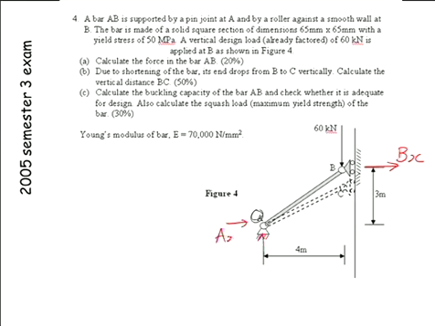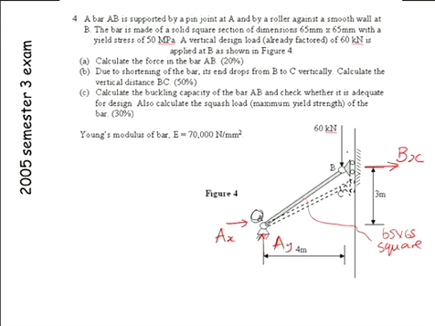So, before we read further, we go, okay, here are our three unknowns. Our bar is a solid square section, and it's 65 by 65 square section, and we're given a yield stress of 50.